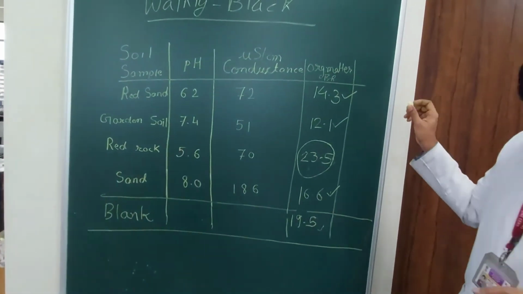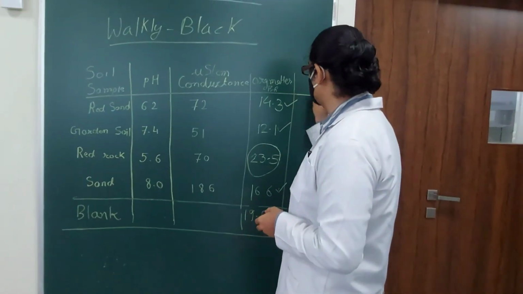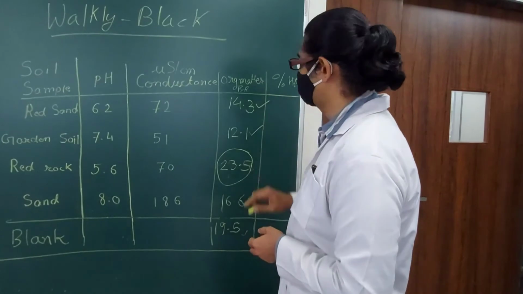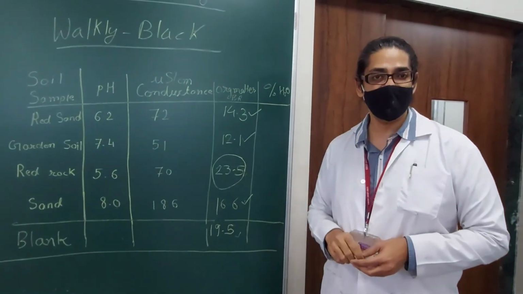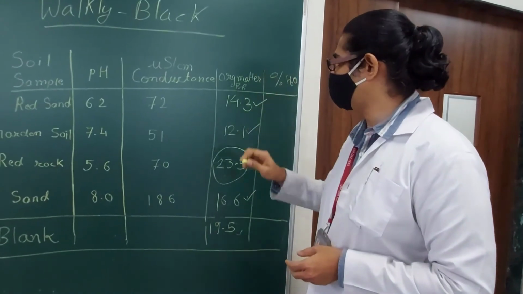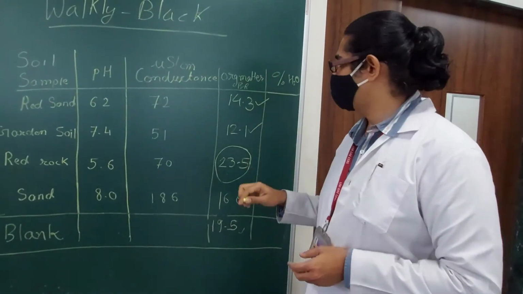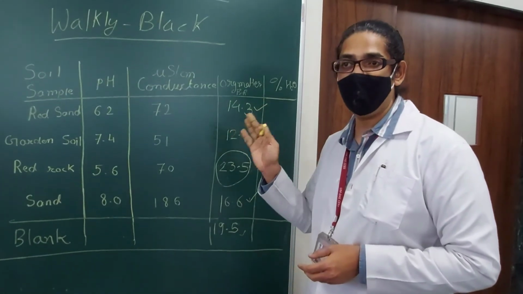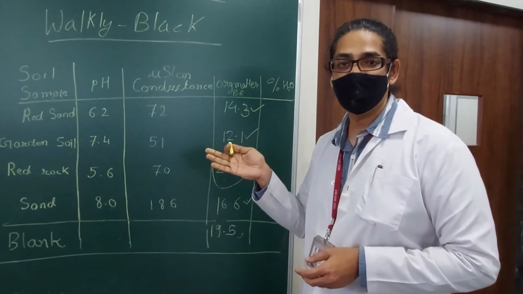Now one thing we also have to tell you is the percentage moisture content. Remember the 5 grams of soil sample that we had kept in the oven. What we will write is the difference in weight that we get.